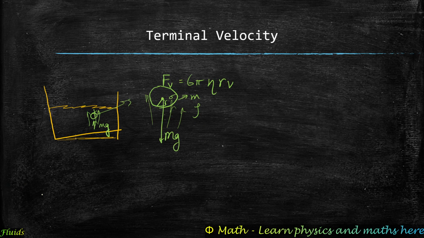So from here we are going to balance the upward and downward forces, because the ball is moving with a constant velocity after all of the forces have been applied. So buoyancy force plus viscous force would be equal to mg, or gravity force: rho volume times g plus 6 pi eta rv would be equal to mg, because the buoyancy force is the weight of the fluid displaced.